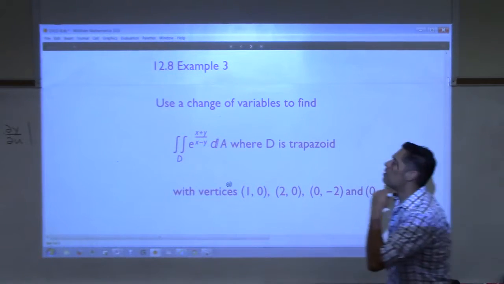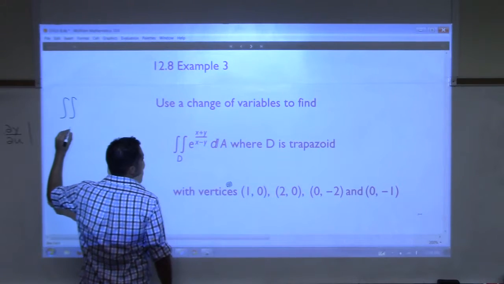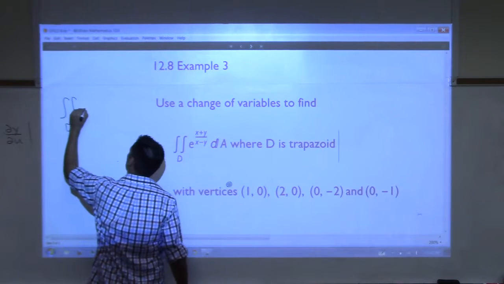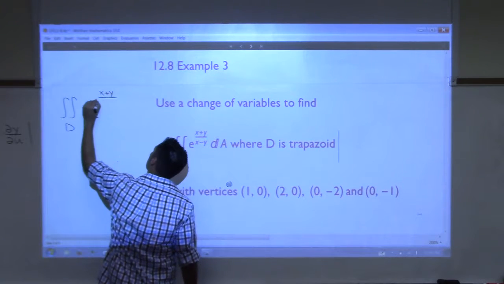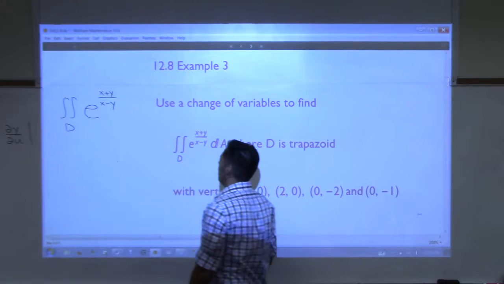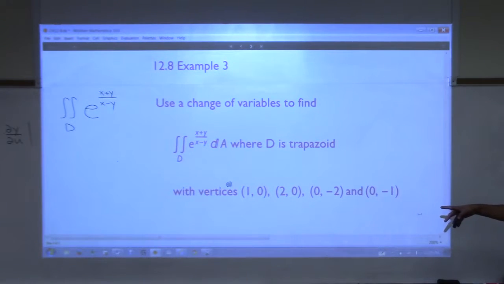So we're going to do the double integral over D of e raised to the x plus y over x minus y. And we're integrating this over this trapezoid that is given these vertices.